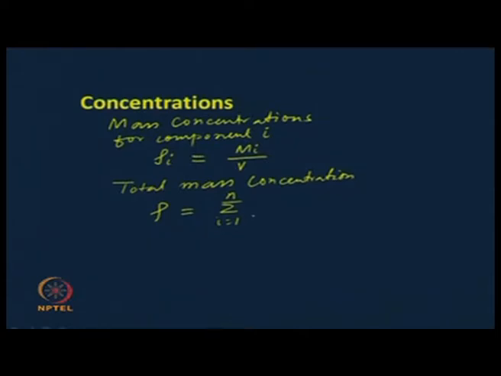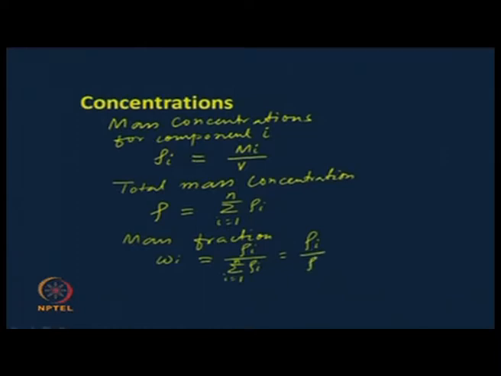If there are n components in the mixture, it will be rho_i, and the mass fraction is defined as w_i, which is equal to rho_i divided by summation over i equal to 1 to n of rho_i, which is equal to rho_i by rho.